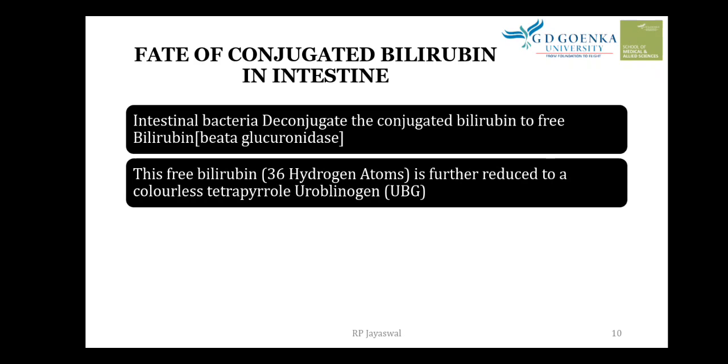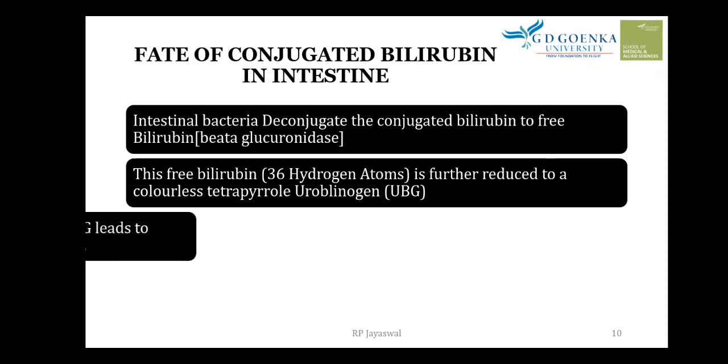There is a spelling mistake in the beta. Beta is a beta. This free bilirubin, which has 36 hydrogen atoms, is further reduced to the colorless tetrapyrrole urobilinogen. So free bilirubin is reduced to urobilinogen here.